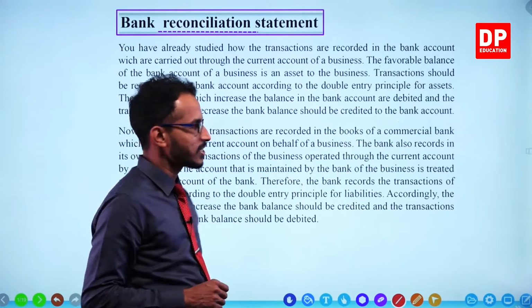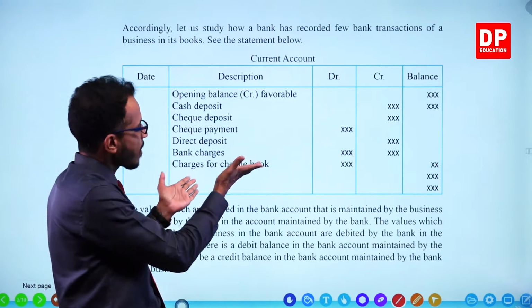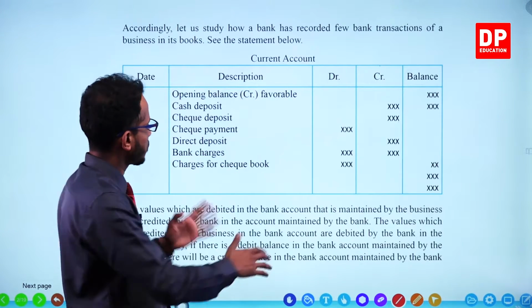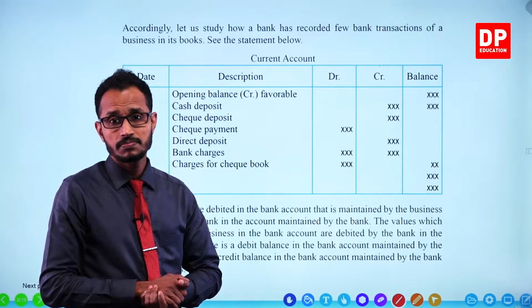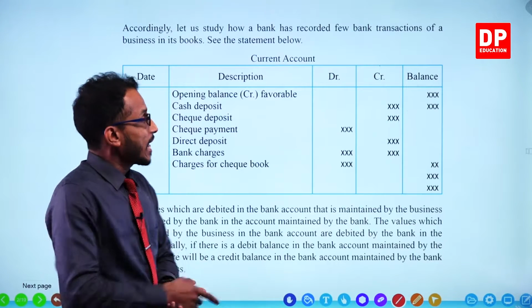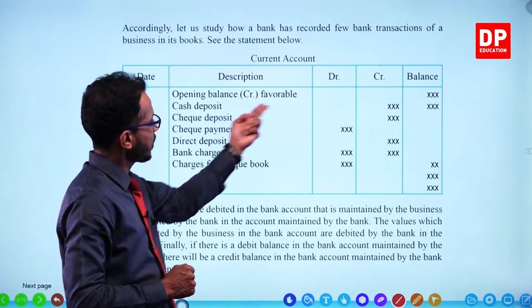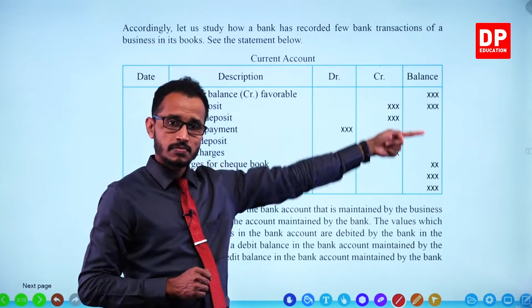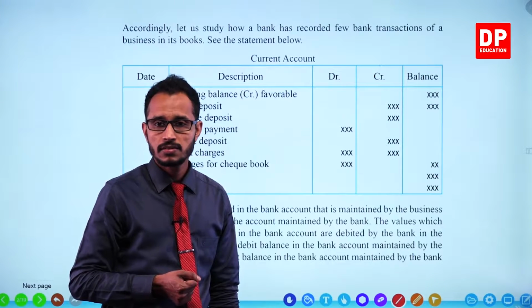In your textbook also a bank statement is shown, but this is not a real bank statement. This is a sample which is given in your textbook. You get what I'm saying? This statement starts with the opening balance which was there in your account at the beginning of the month.